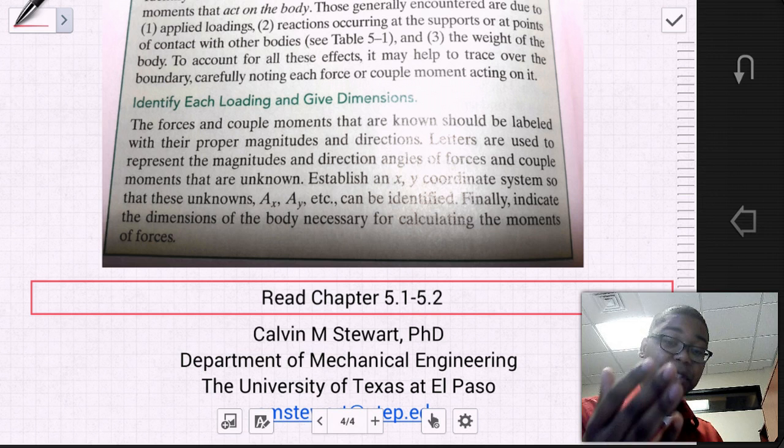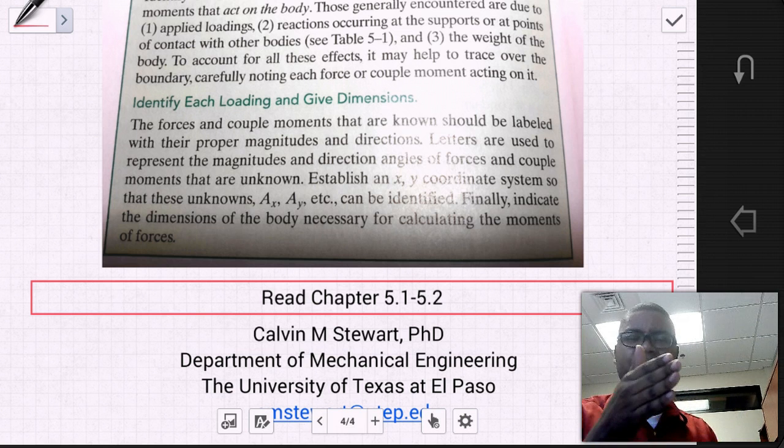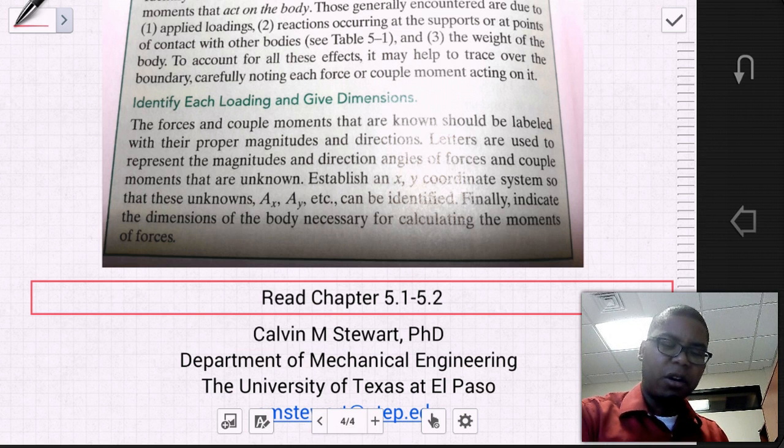It's also important to establish what is your coordinate system, and also input not only the angular information but the dimensional information. How far is this force from our origin? At what angle is this force to our origin?